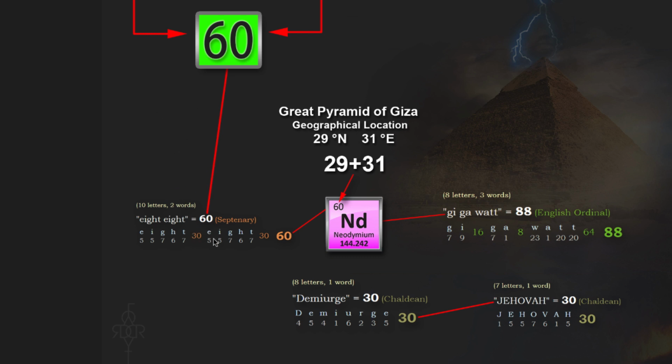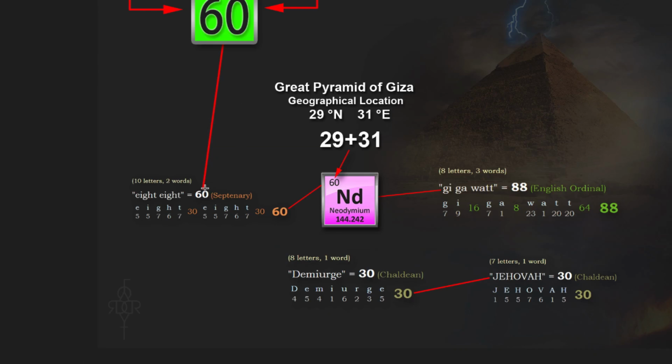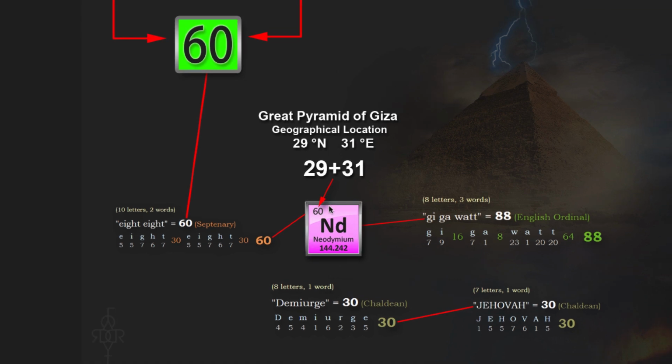It just so happens to equal 30, which equals Jehovah. And 60 is connected to the element neodymium. Now, this is really important when it comes to the Great Pyramid of Giza because the geographical location of the Great Pyramid of Giza is 29 north, 31 east.